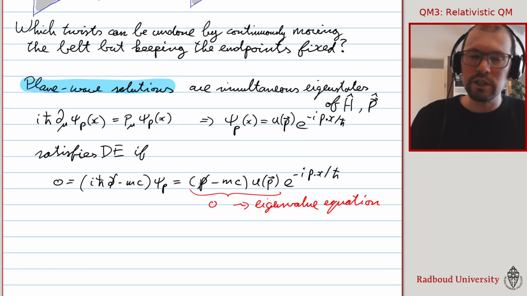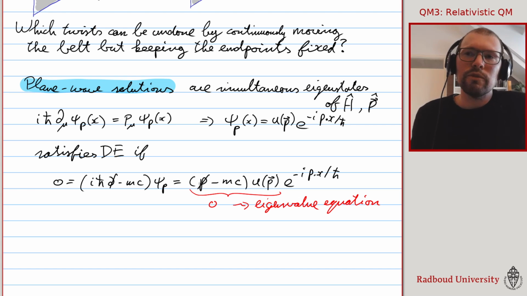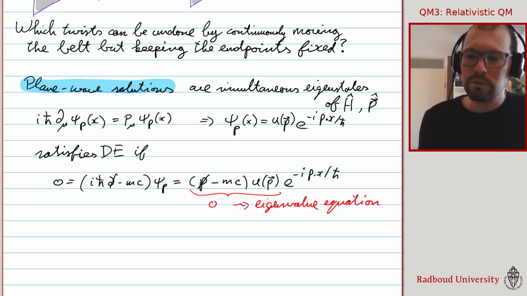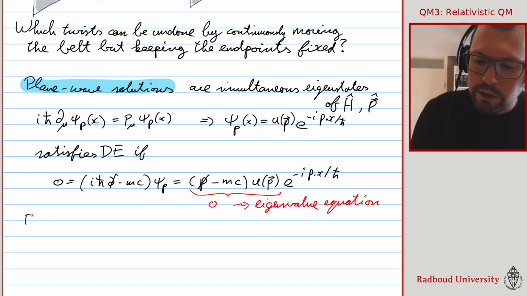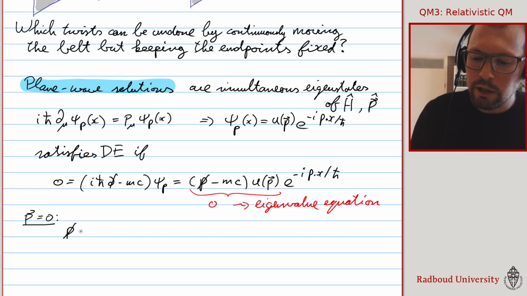Now, since we know these matrices explicitly, this should be relatively straightforward to find out how I should choose these vectors u. And let's look first at the simplest situation where I take the spatial momentum to be equal to 0. So now what is p slash? P slash is p mu gamma mu.